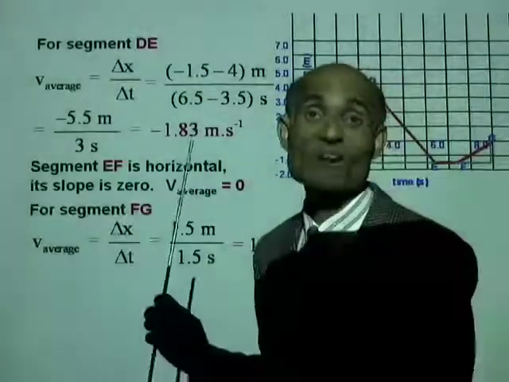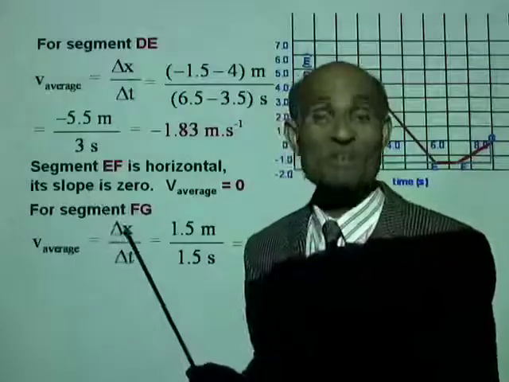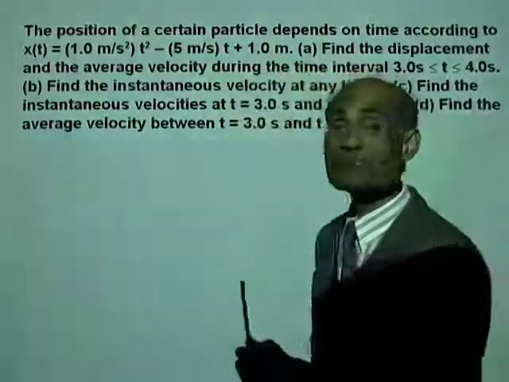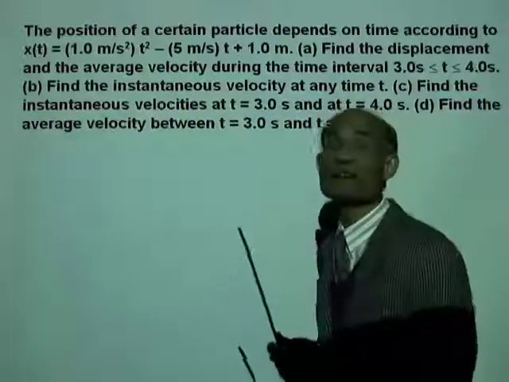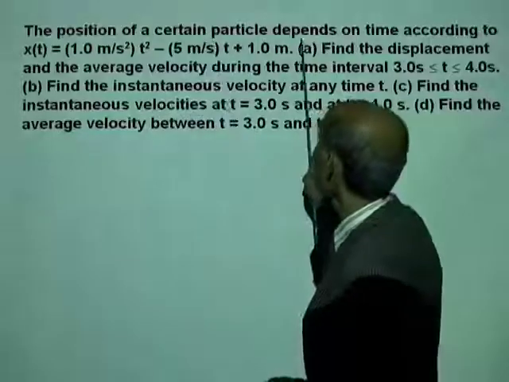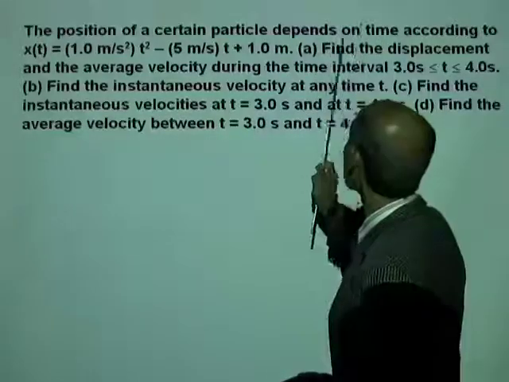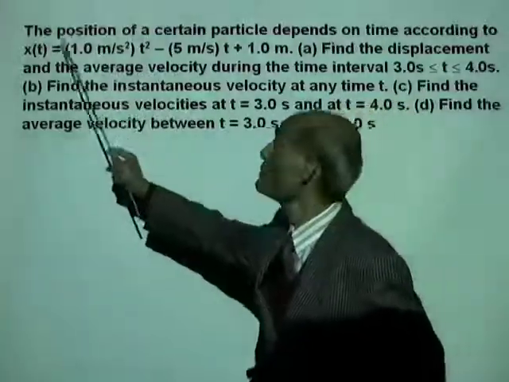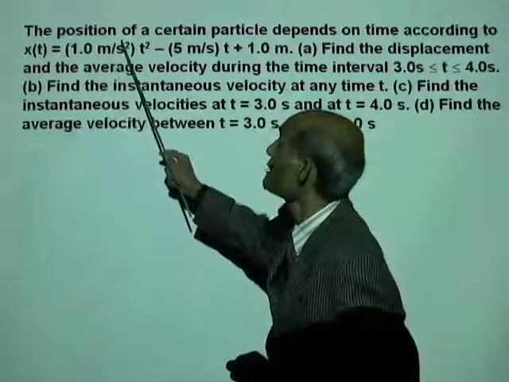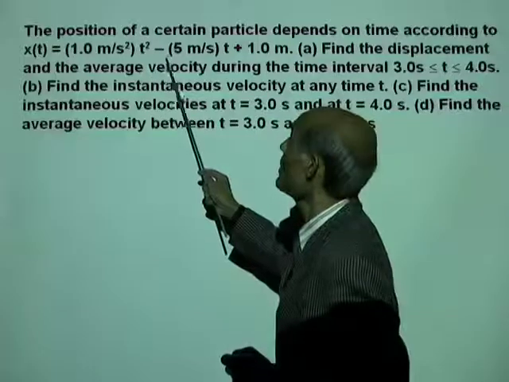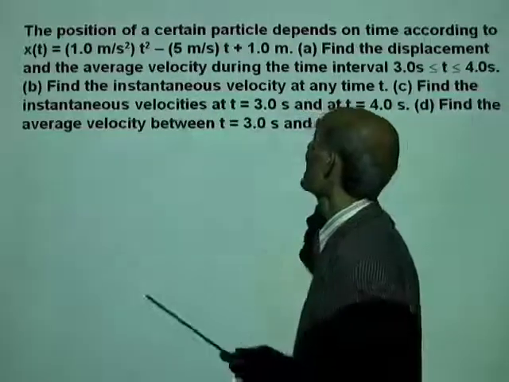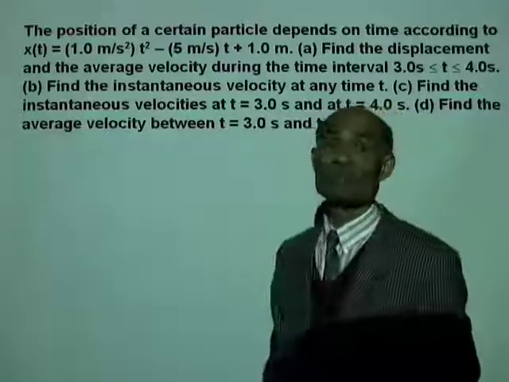Well, this kind of simple problems you must be very familiar with. Alright, read this problem and see what information we have. The position of a certain particle depends on time according to x of t equal to 1 meter per second squared t squared minus 5 meter per second t plus 1 meter.